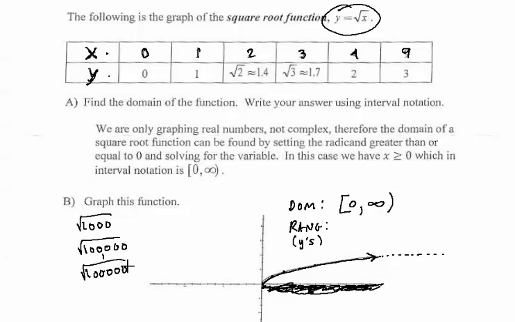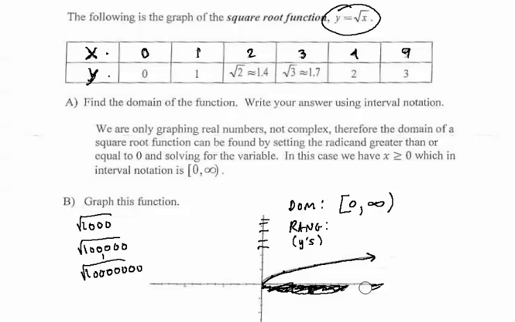So the bigger the number that I choose for X, the bigger the number I'm going to get for Y. So this square root function continues to increase. Not very fast, but it will continue to go upward.